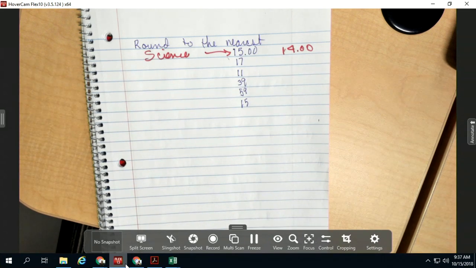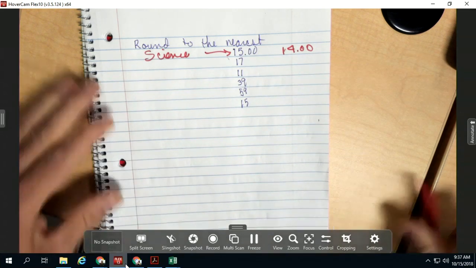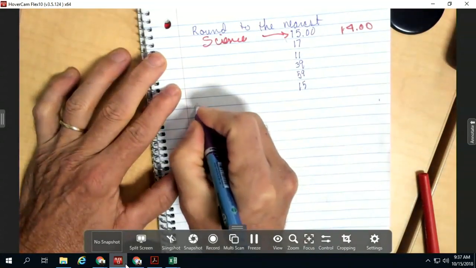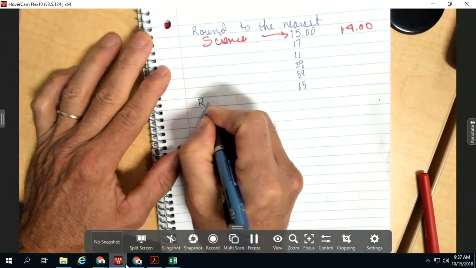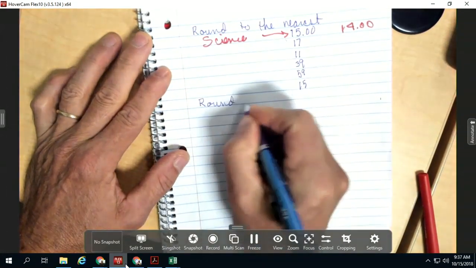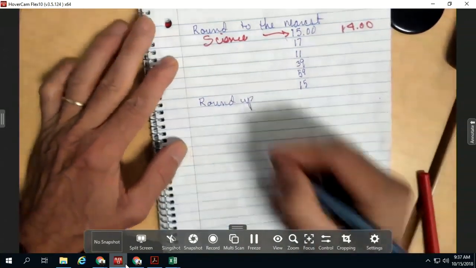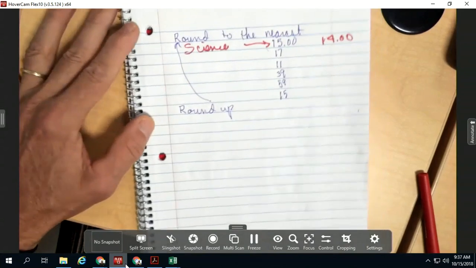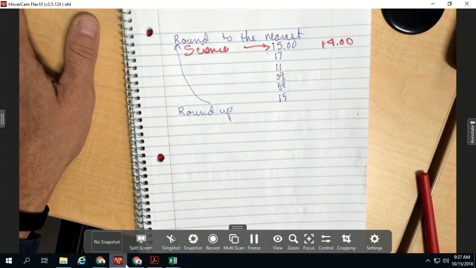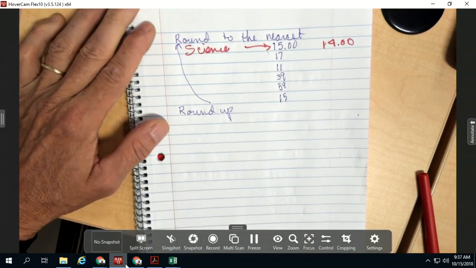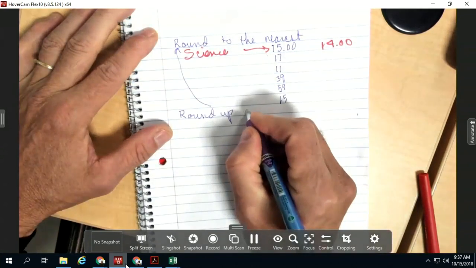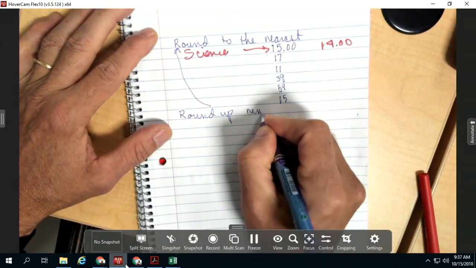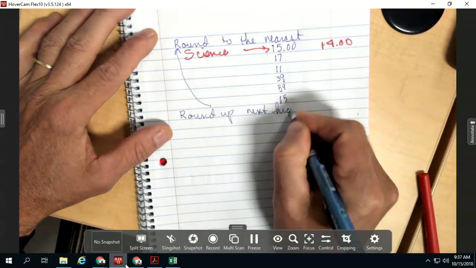Okay. Here's one that people say that just drives me crazy. People say round up when they're actually talking about rounding to the nearest. Because round up means next highest.